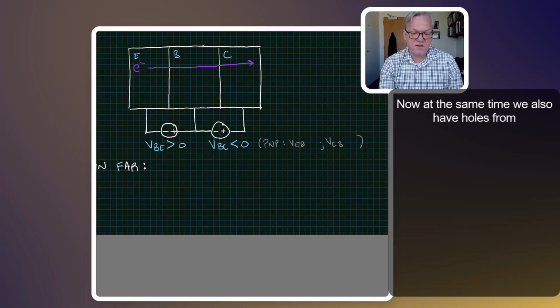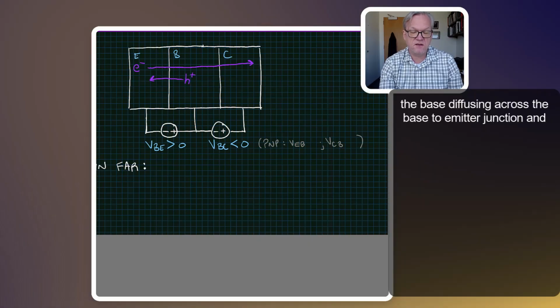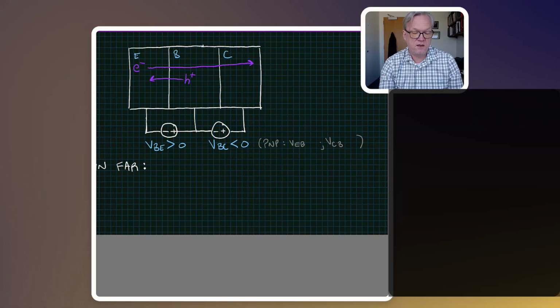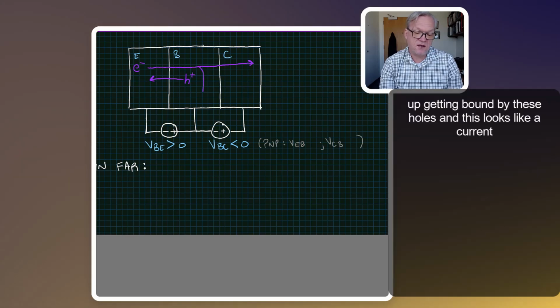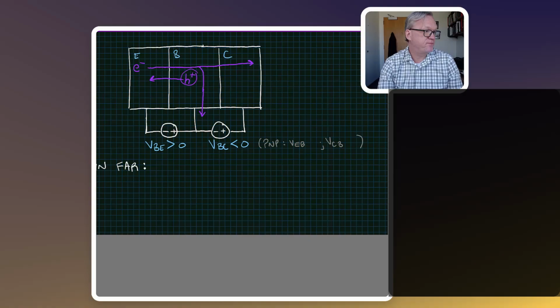Now, at the same time, we also have holes from the base diffusing across the base to emitter junction. And some of the electrons end up getting bound by these holes, and this looks like a current of electrons flowing out of the base.